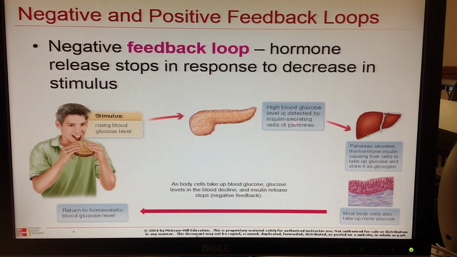When the insulin levels go up and you have a lot of glucose in the bloodstream, the insulin is what pushes the glucose into the cells, because without insulin, the glucose cannot get into the cells, right? And that therefore causes a negative feedback.